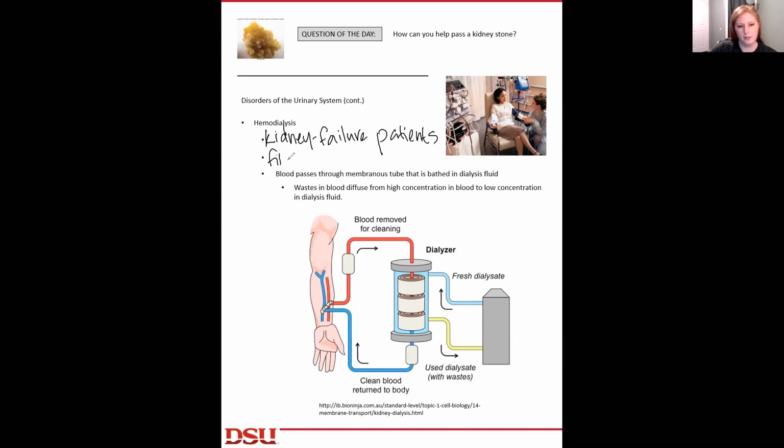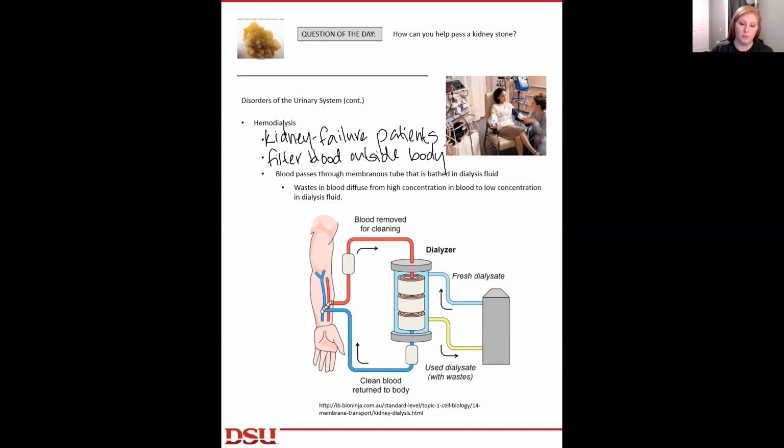And again, this is going to filter blood outside the body. So blood passes through a membranous tube that is bathed in a dialysis fluid. This is going to be kind of a solute to solvent ratio type thing, where it's going to pull waste out.